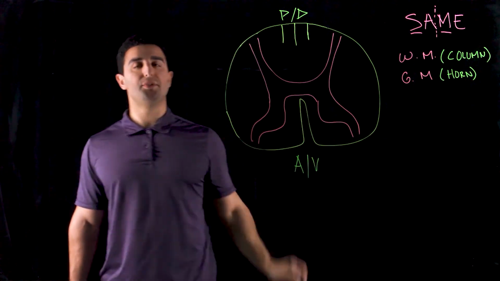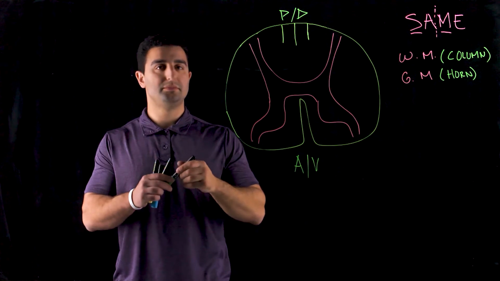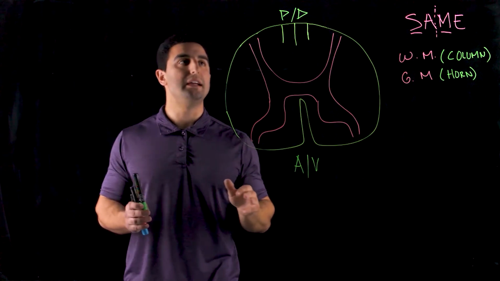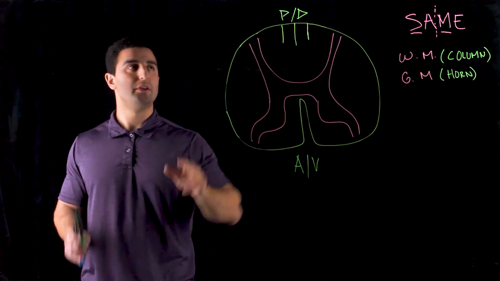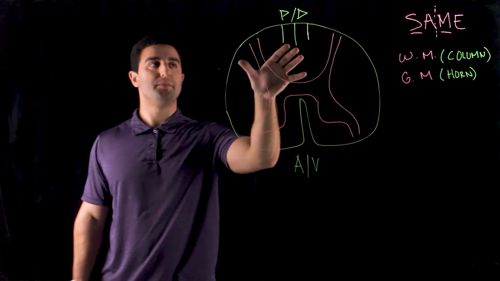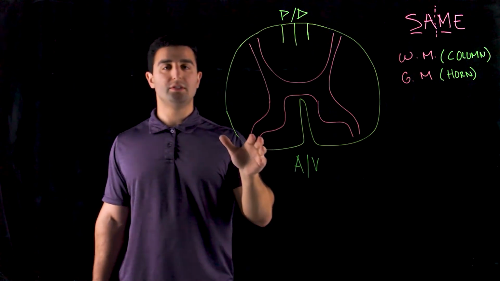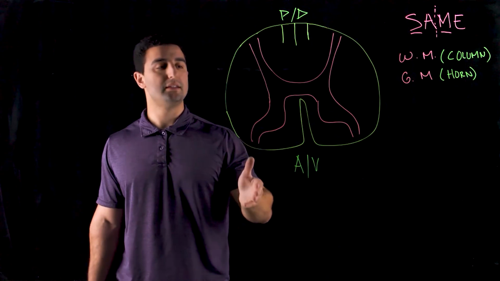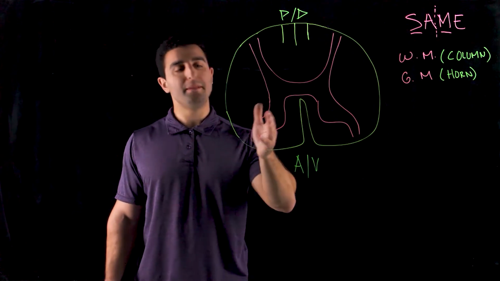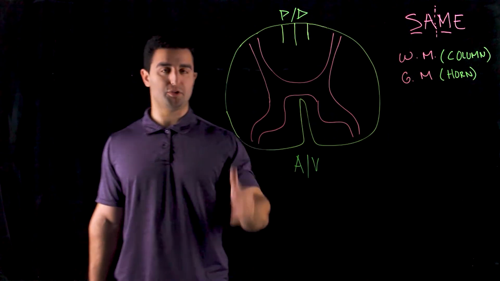All of the sensory neurons enter the spinal cord through the dorsal region. All of the motor neurons are released from the spinal cord from the anterior or ventral region.